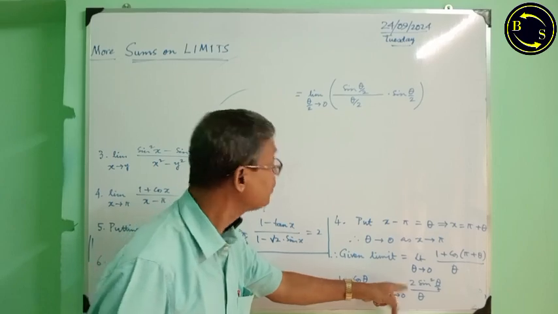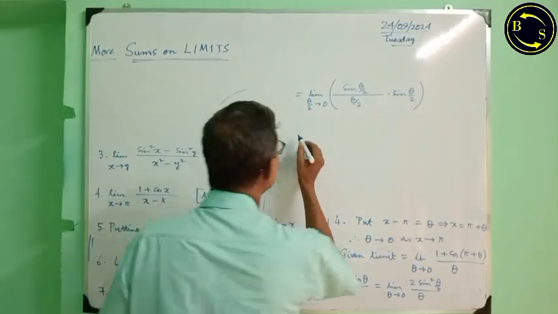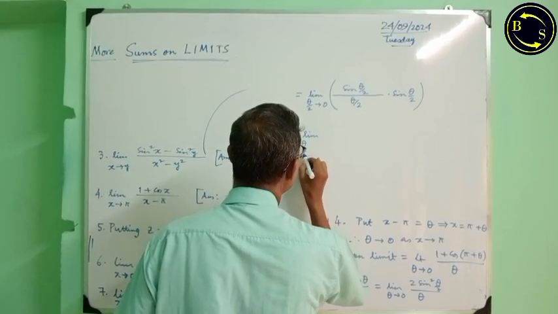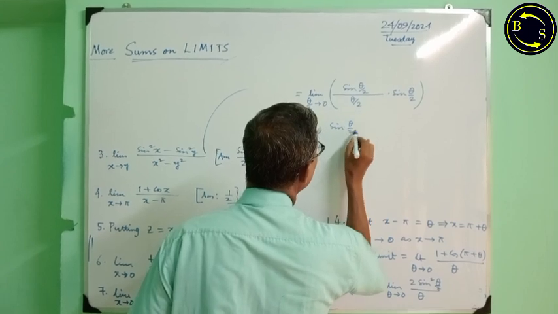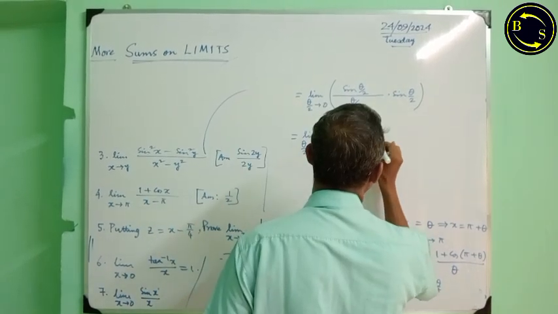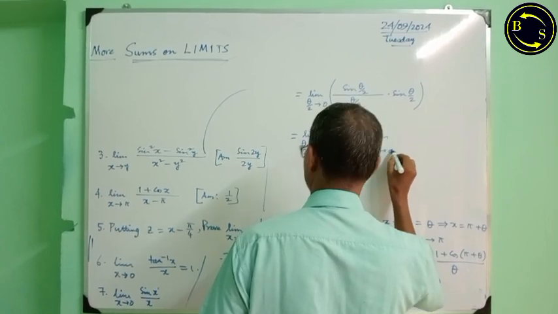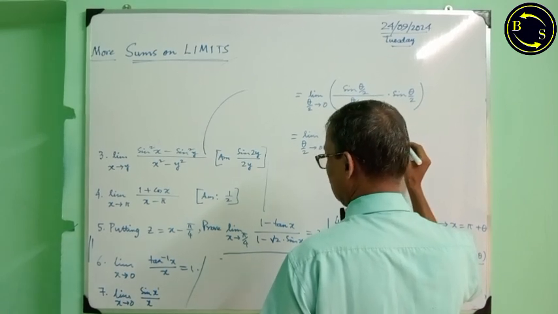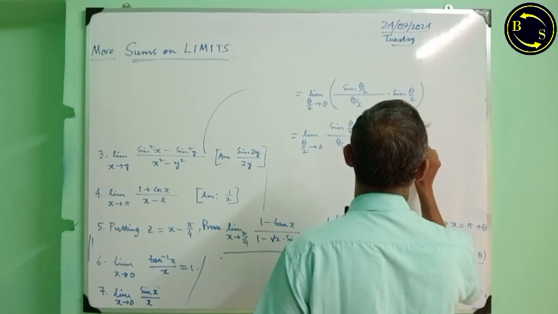Two is there, I take that at the denominator of the denominator, that is equal to limit theta by 2 tends to 0, sine theta by 2 by theta by 2 into limit theta by 2 tends to 0, sine theta by 2.